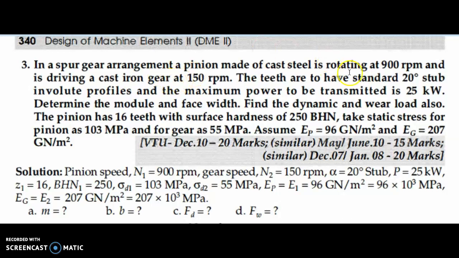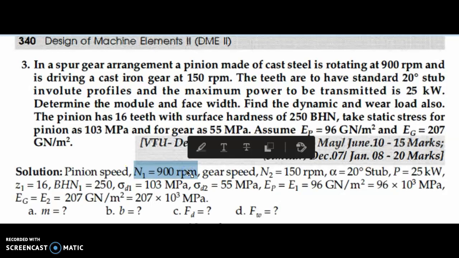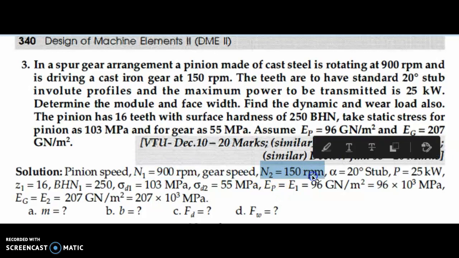The speed for the pinion is 900 rpm, so we can write N1 is equal to 900 rpm, and the speed of the gear is N2 equal to 150 rpm. Then the pressure angle alpha is given as 20-degree stub, so the tooth system is also given, 20-degree stub involute profile system.